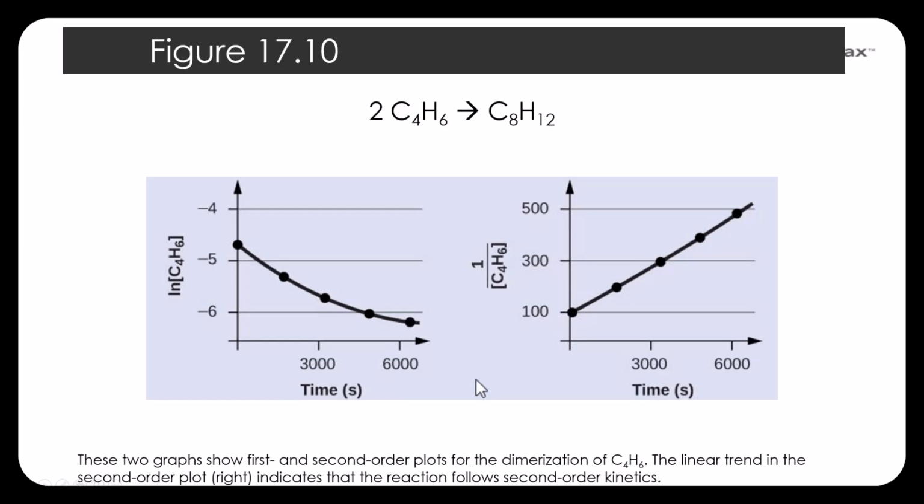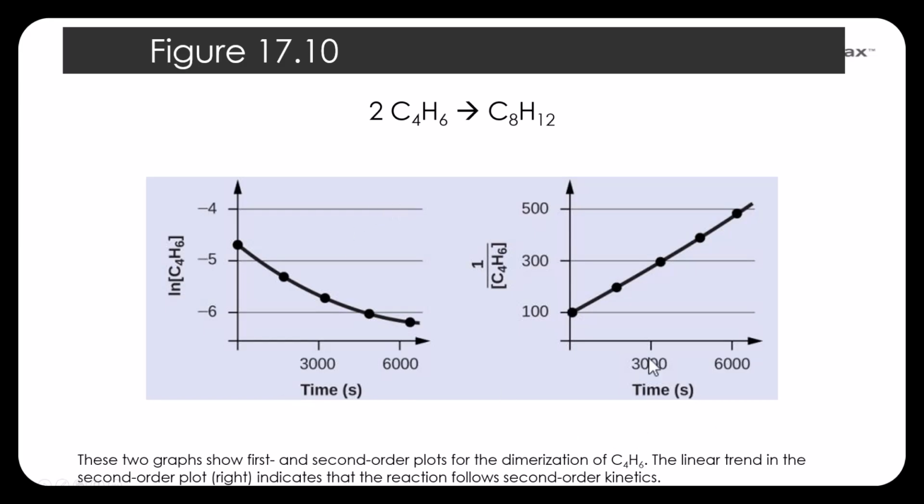What we'll see here very quickly is that this is a second order reaction. When I plotted it against natural log, I don't get a straight line. I get this kind of slow curved line. It doesn't fit a straight line like it should. So I don't think this is a first order reaction.